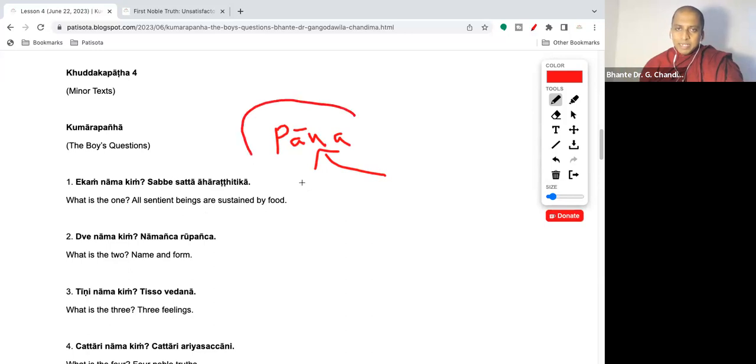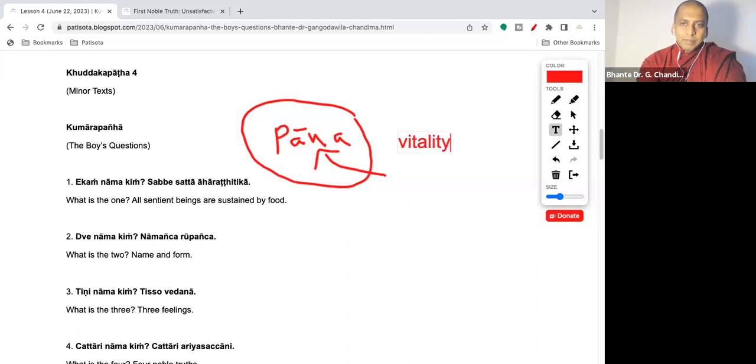Pana is generally taken as the vitality, the vitality of a being. But when you say Sabbe Satta, definitely they should be living beings, sentient beings. They must have the Pana.